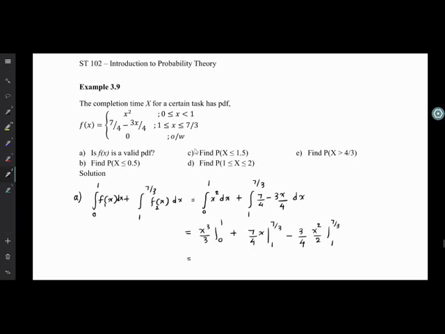Evaluating from 0 to 1, it will be 1 over 3. Then 7 over 4 times x evaluated at 7 over 3 minus 1. Then you have 3 over 4 times 2, which is 8, times x squared evaluated at 7 over 3, so 49 over 9 minus 1.